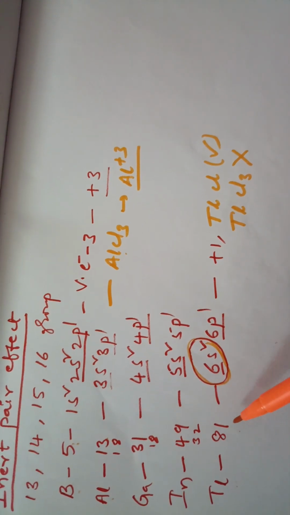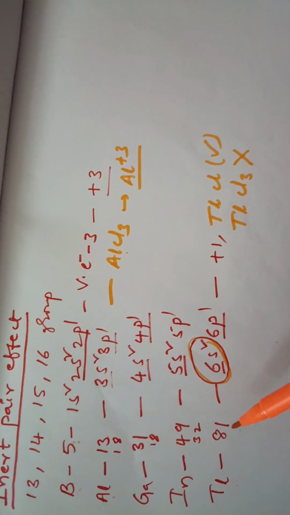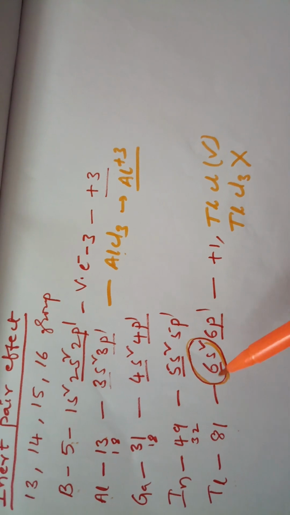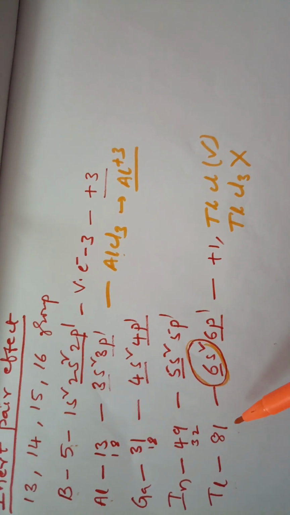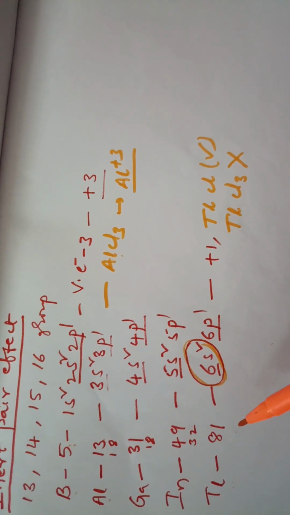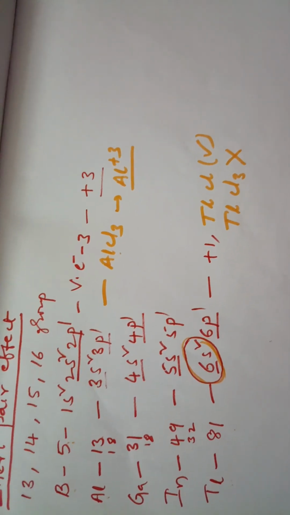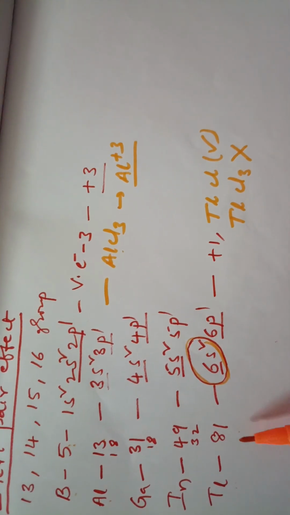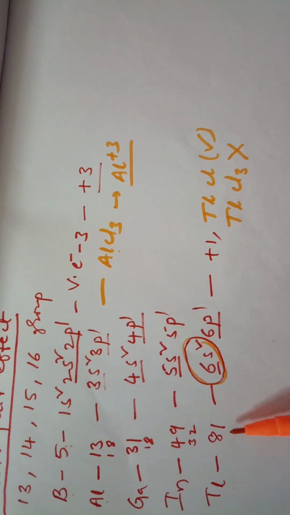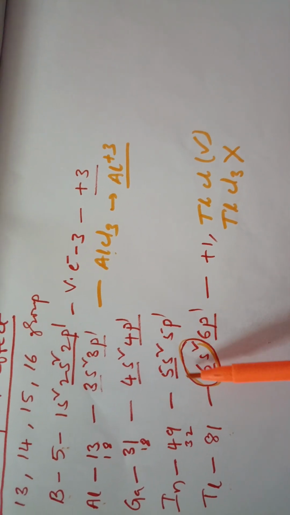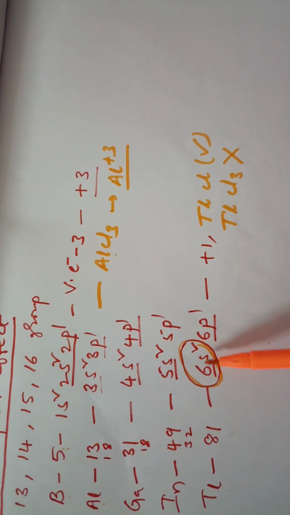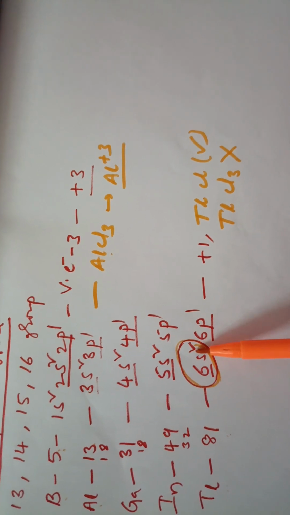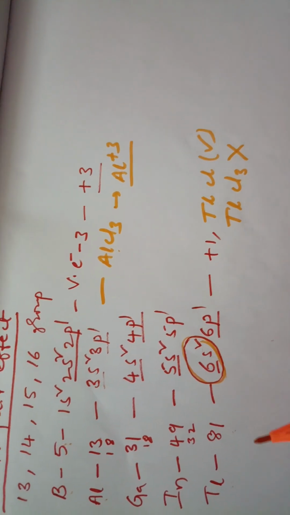These 81 protons have more attracting power on the electrons which surround the nucleus. Like that, these 81 protons attract these 2 electrons also strongly. So for that reason these 2 electrons do not participate in bond.